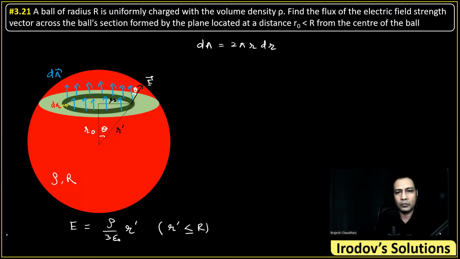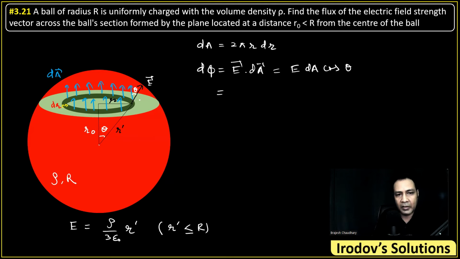So the flux through this little ring of radius r and thickness dr, d phi, is equal to E dot dA, which is simply E dA cosine of the angle between them, that is theta. Now, how much is E?